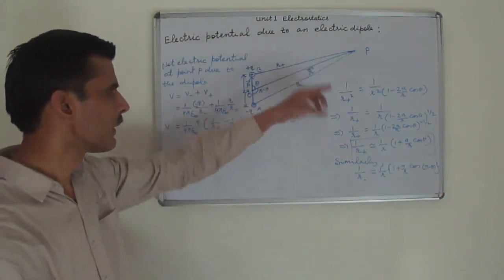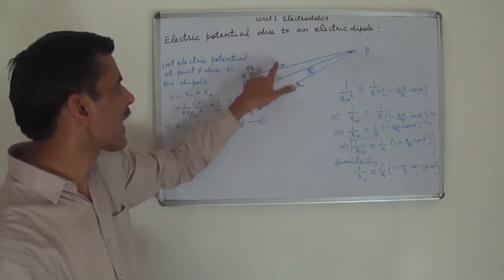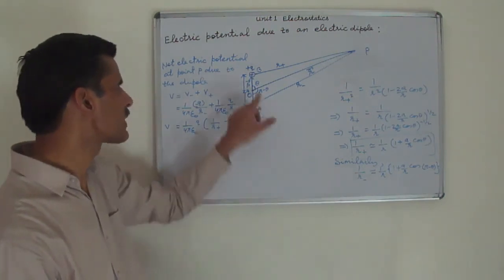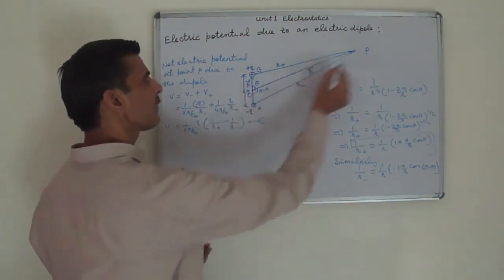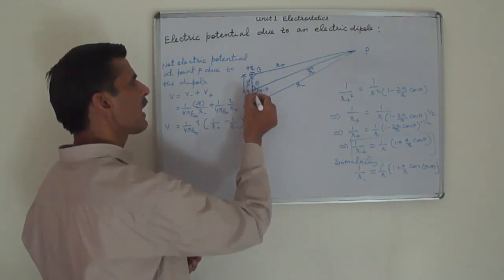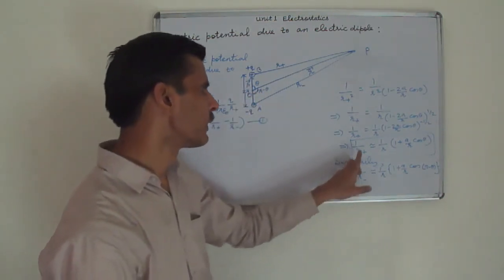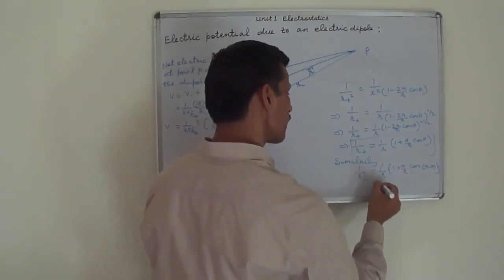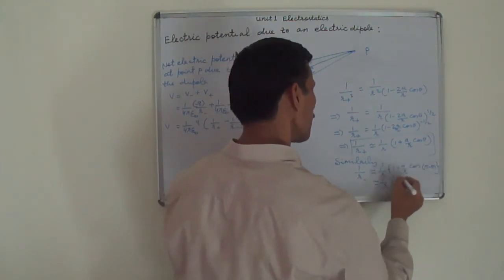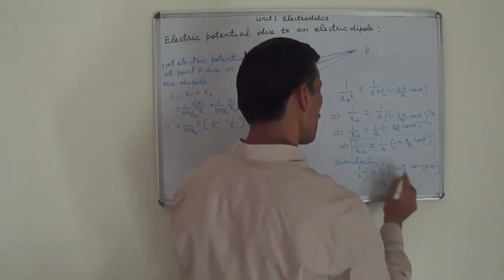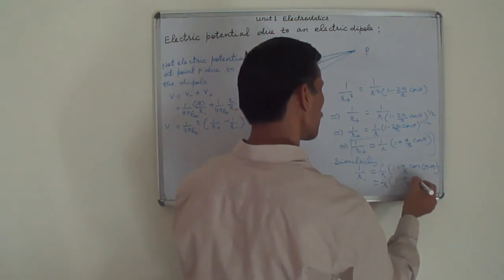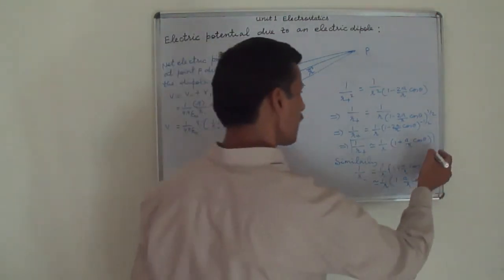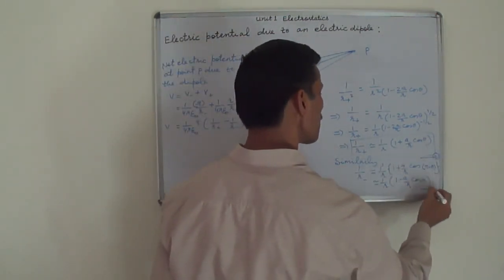You can see when we calculated r plus, there was angle theta, and when we calculate r minus, then in triangle OAP this angle is pi minus theta. So here we will have pi minus theta. So it is approximately equal to 1 upon r, 1 minus a upon r cos theta. Cos pi minus theta is equal to minus cos theta. So we have this equation number 2, this is number 3.